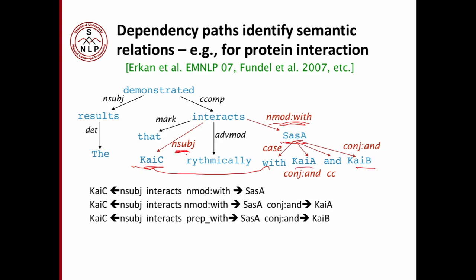Oops, I actually misedited this, sorry. This should also be nmod with. We can think of these two things as patterns in dependencies that we could look for to find examples of protein-protein interactions that appear in biomedical text. Okay. So that's the general idea of what we want to do.